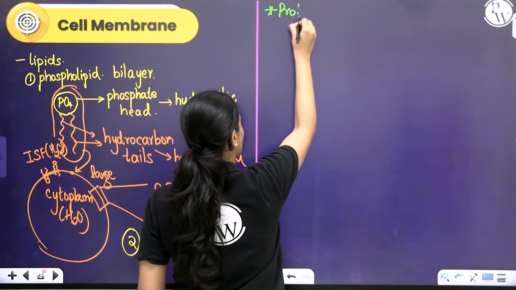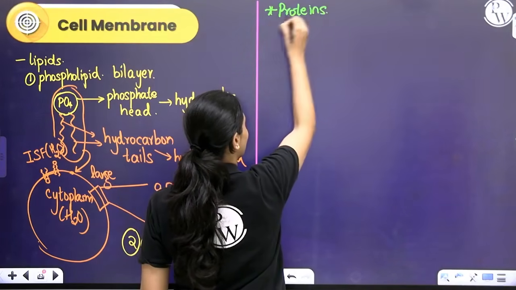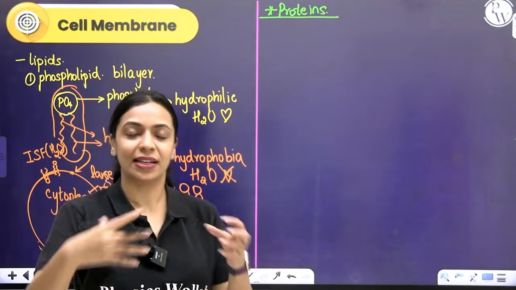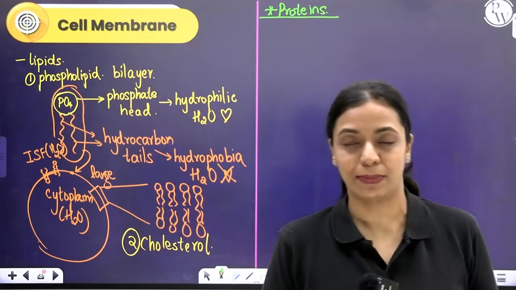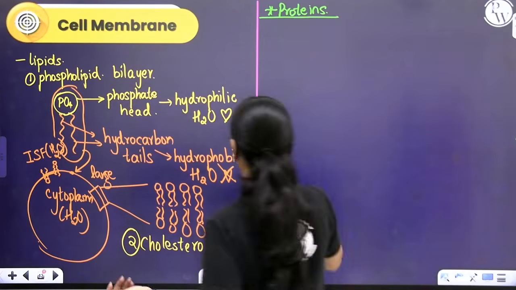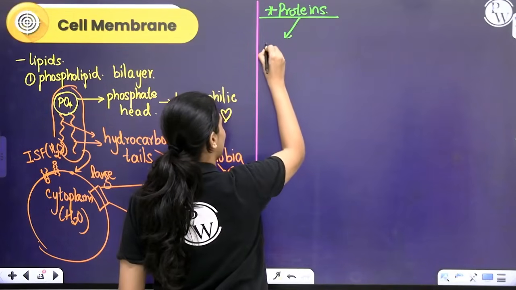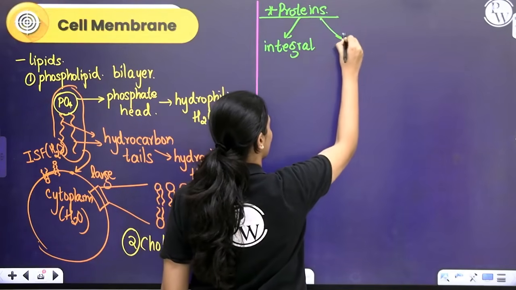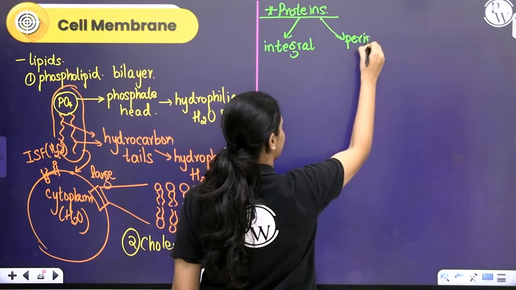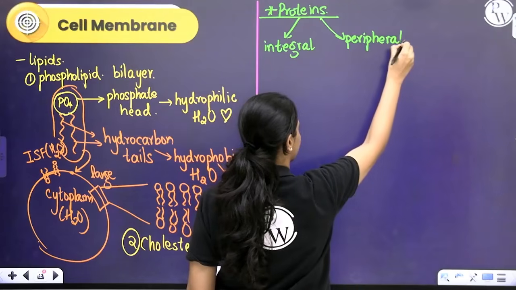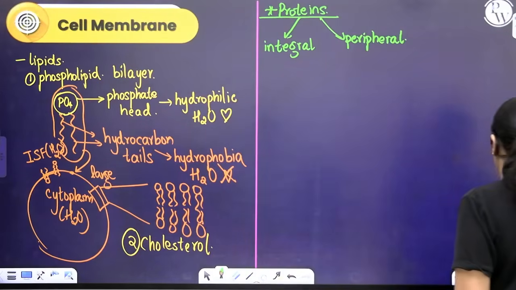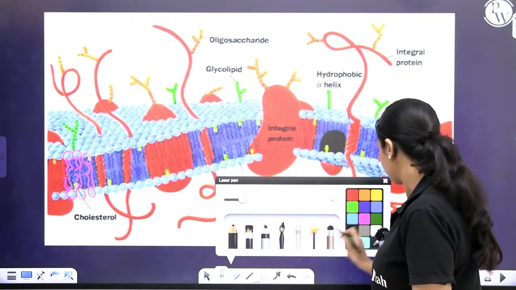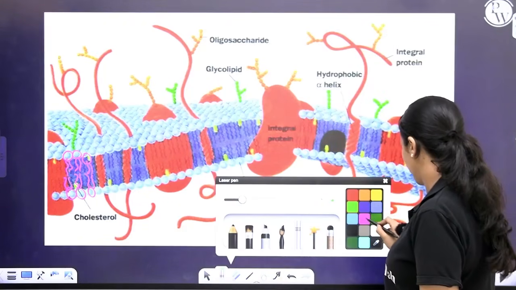These proteins are present within the phospholipid bilayer. Depending upon how easily you can extract a protein from the membrane, you can classify it into two types: integral proteins and peripheral proteins. I'll show you what the difference is. I want you to notice this one protein right now.